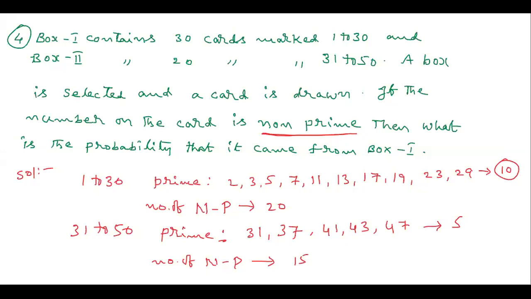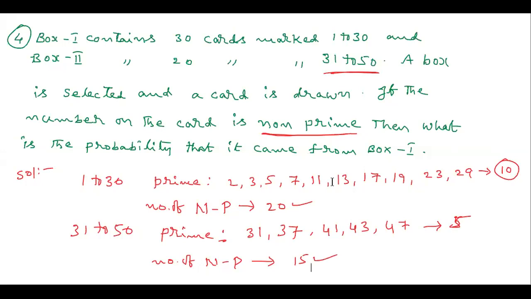There are 10 prime numbers, but here they are asking non-prime numbers. So from 1 to 30, there are 20 non-prime numbers. And see that 31 to 50, there are only 5 prime numbers. That means non-prime is 15.